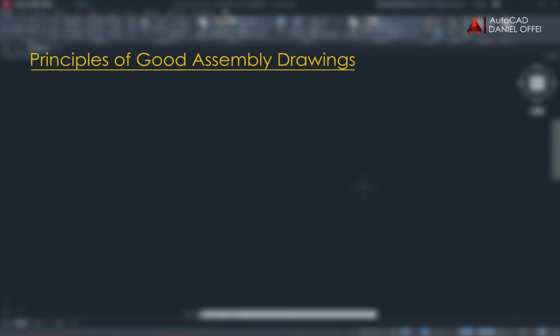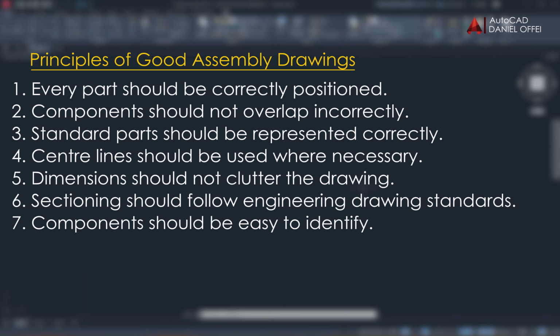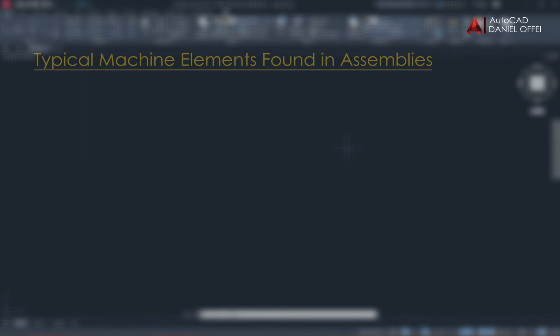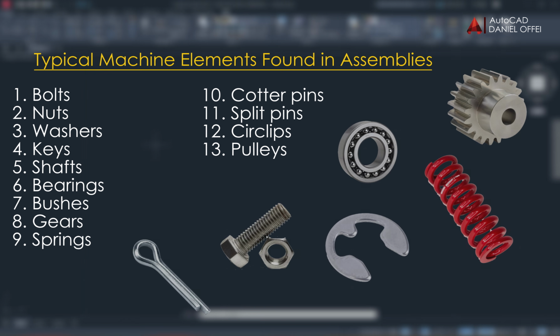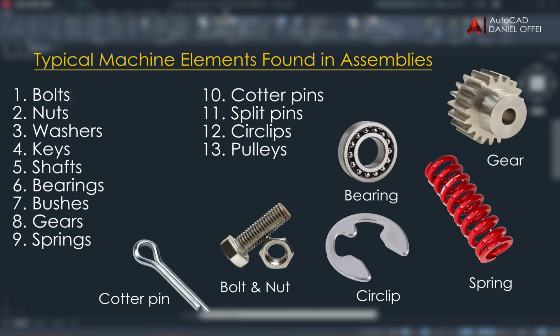Here we have some principles of good assembly drawings, which basically tell us that we should be able to align things well, know where they fit, and know how the parts relate to each other. There are some typical machine elements that we will always find in an assembly drawing, because some of these components just link other components together.